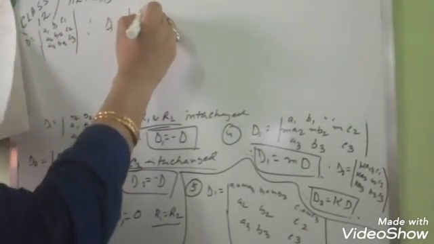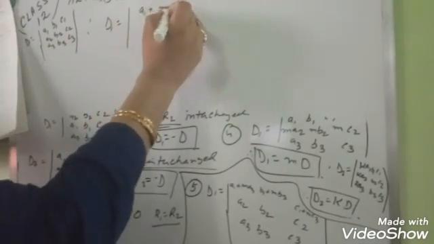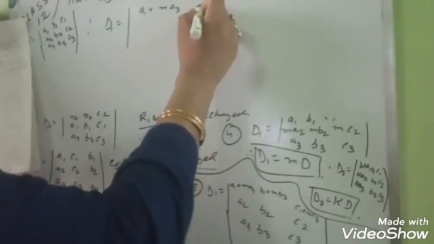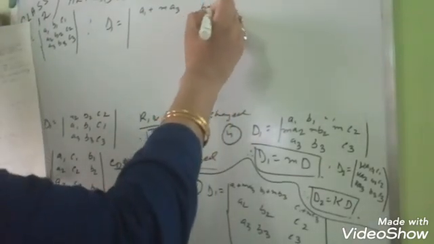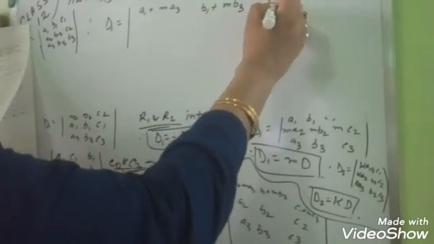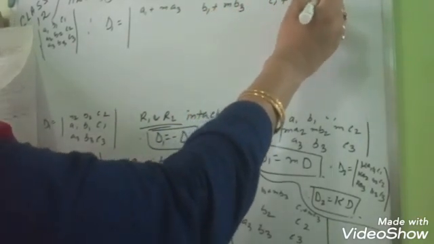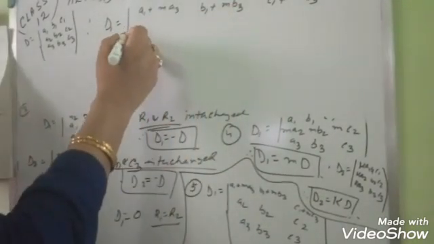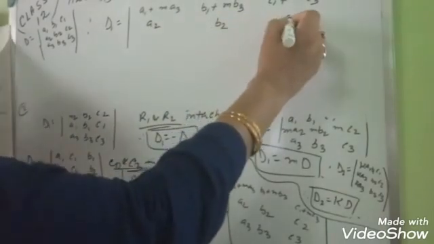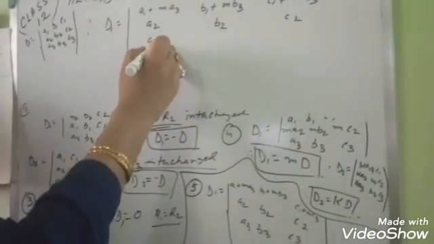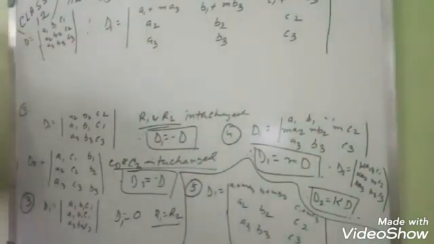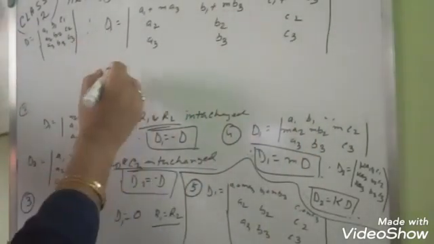D1: A1 plus M A3, B1 plus M B3, and C1 plus M C3. Okay, and this is A2, B2, C2. This is A3, B3, C3. Got it?